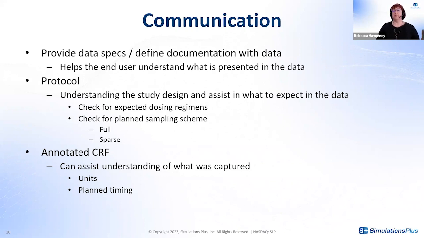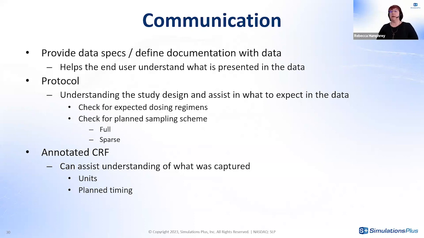Another key piece of information to share with the person creating an analysis data set would be an annotated CRF. It can be helpful to understand how the data was collected and the correlation between how it was collected and how it's recorded.